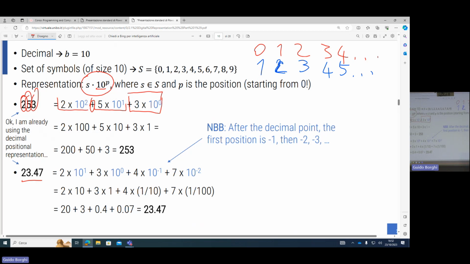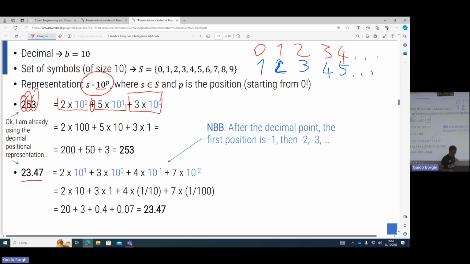Second example here. The attention, since we have the point, is not a problem. You only have to remember that the first position is the position on the right before the point, and everything is similar. So in this case, the first position is here, the rightmost position before the point.